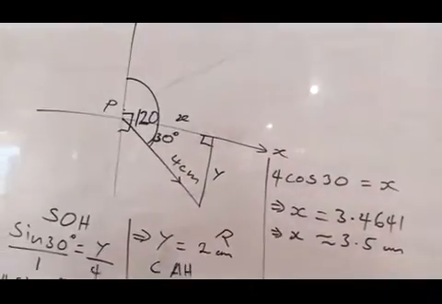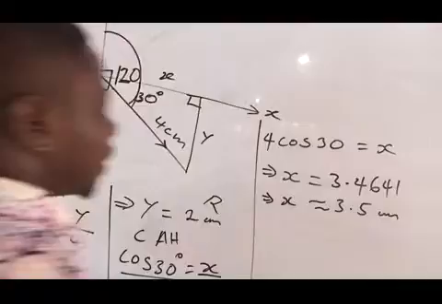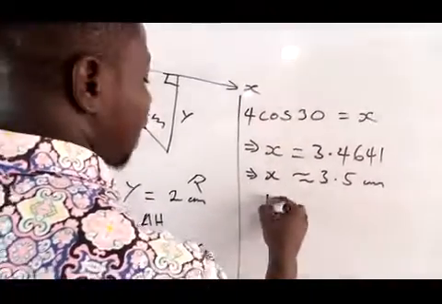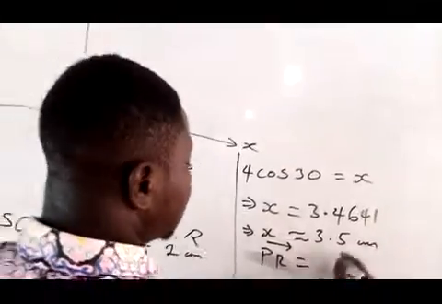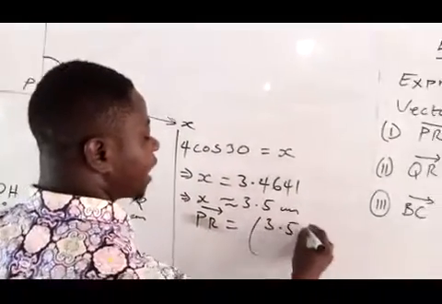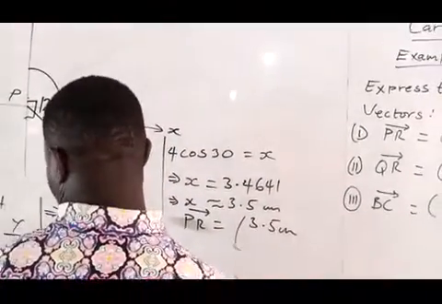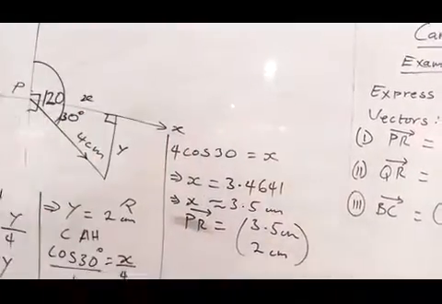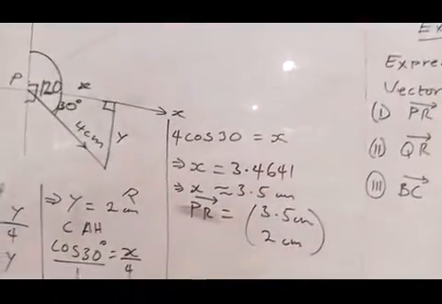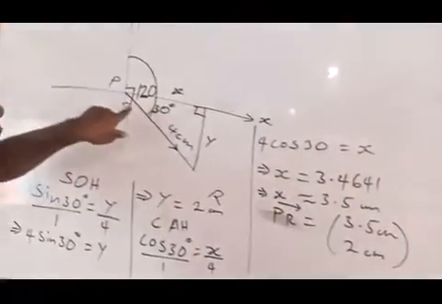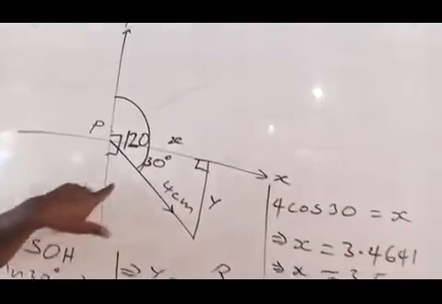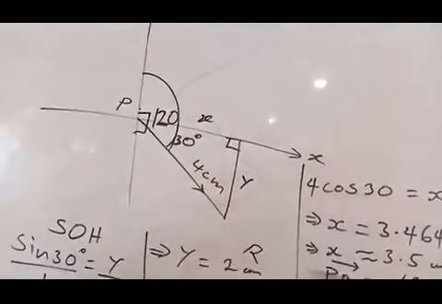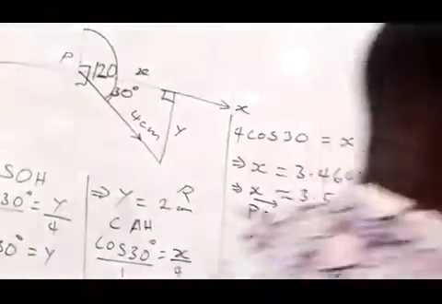So in this case, for PR, our x is 3.5 centimeters, and our y is 2 centimeters. But this is what happens. You realize that we are dealing with the 4th quadrant. So let's look at sine in the 4th quadrant and also cos in the 4th quadrant.